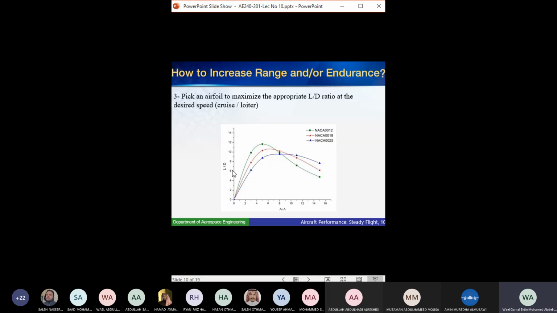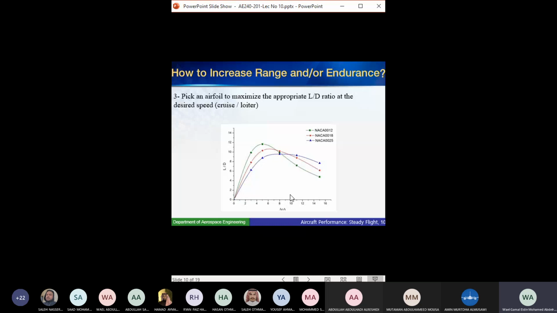So for example, what you see here is the lift over drag for 3 types of airfoil: 0012, 18, 25. Each one of them will give me a certain value of L over D. And you will realize that here L over D is higher than this one, than that one. But the maximum occurs at a different angle of attack.